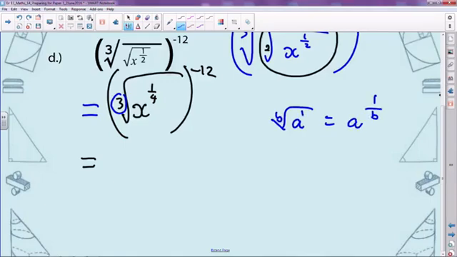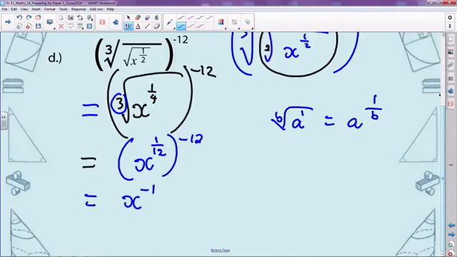So I'm always going to divide your exponent by that 3 or 5th or whatever. So here I've got x to exponent 1 over 4 divided by 3, which is 1 over 4 times 1 over 3, and that's 1 over 12, but all to exponent minus 12, which now gives us 1 over 12 times negative 12, that's x to exponent minus 1.